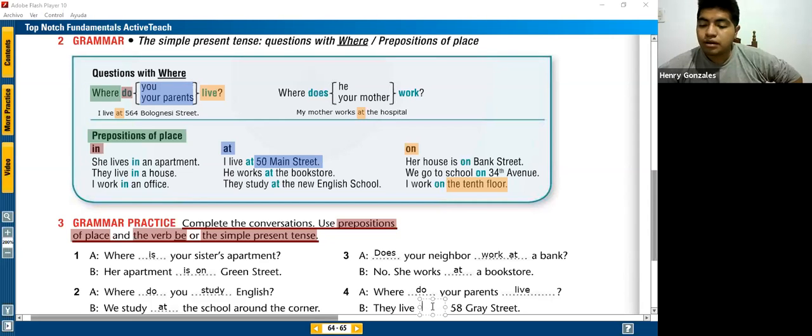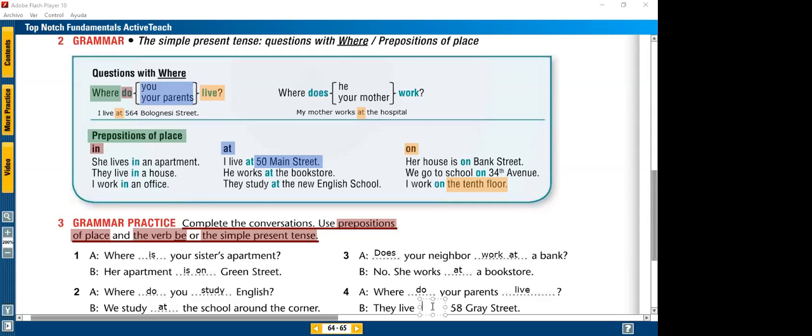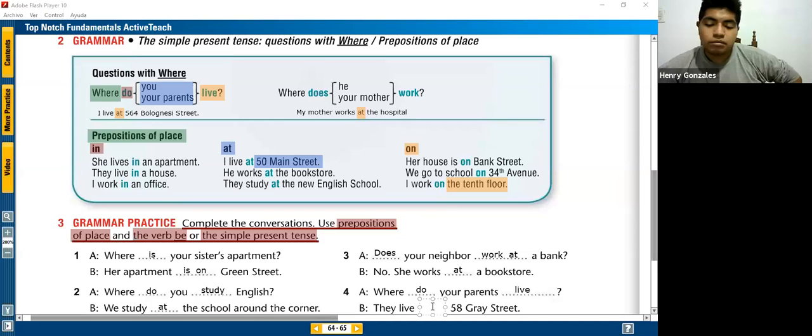What is the right preposition? At. They live at 5A Gray Street. Okay. They live, and what is the preposition? At. In.